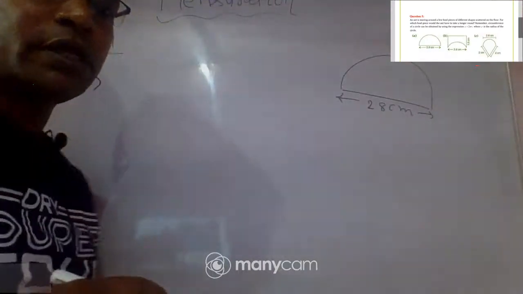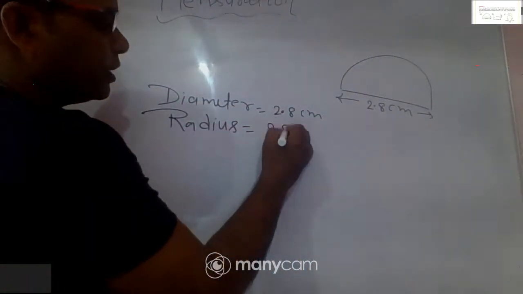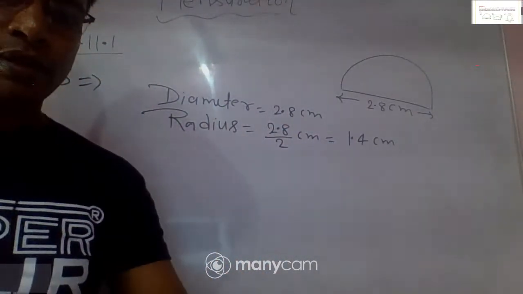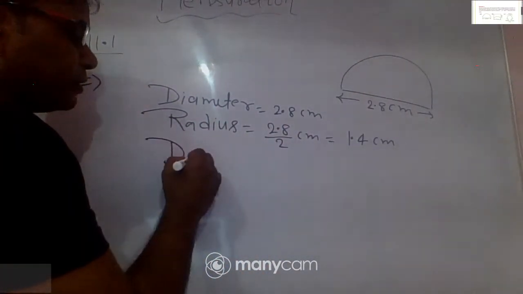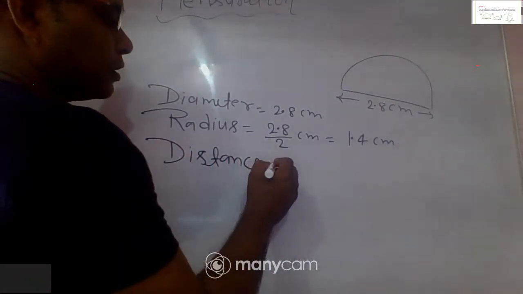We find the distance covered by the ant. For this, we find the perimeter of the figure.